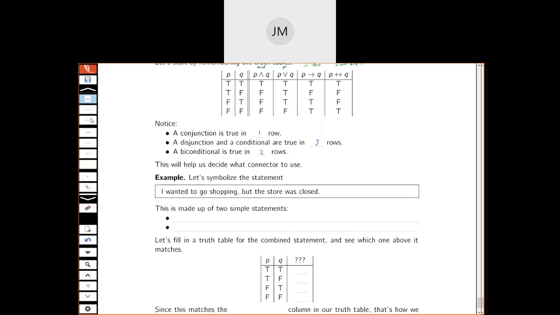So I'm going to abbreviate I wanted to go shopping with P. Okay. We'll abbreviate the store was closed with Q. Okay. And let's fill in a truth table for the combined statement to see which one it seems like it matches.